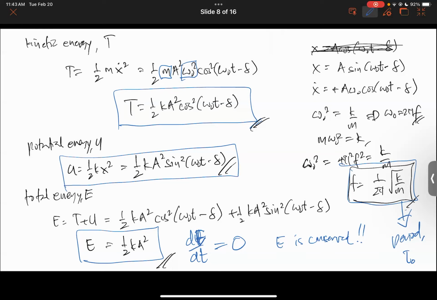Okay, now for a simple pendulum, if you recall, okay, yung equation of motion is actually doesn't have actually that form.